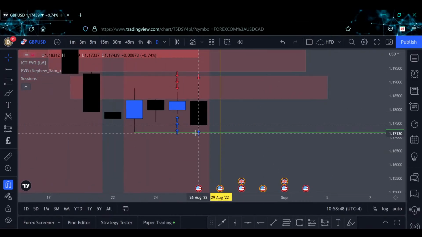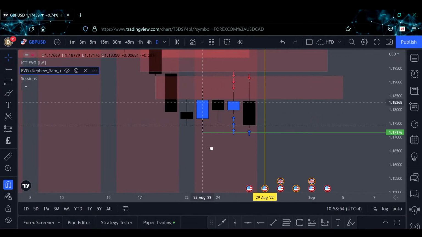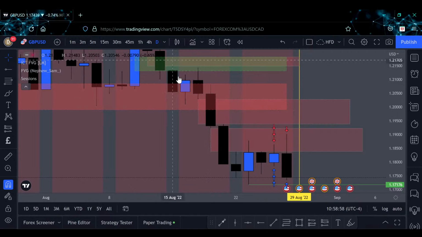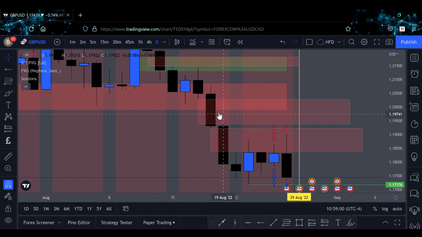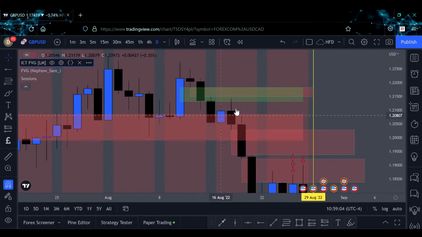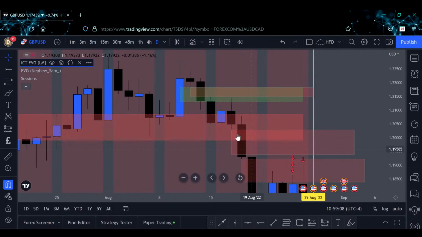So it does look as if it's going to push down, take the lows, and then possibly after that it's a reversal to take out some sellers here, full imbalance, either this one or upside, this one over here.